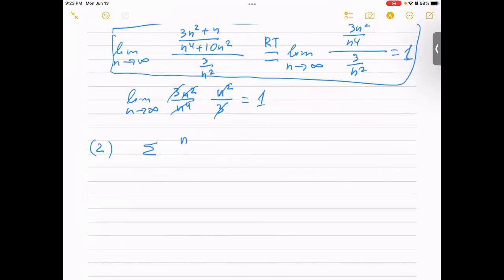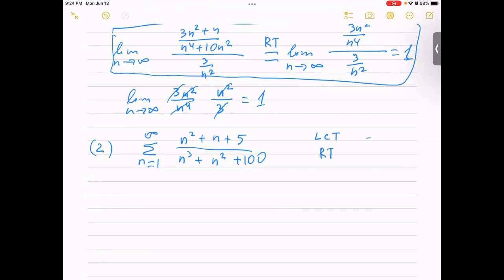Next example: the sum of n squared plus n plus 5 divided by n cubed plus n squared plus 100, from 1 to infinity. I'll do LCT by using the rule of thumb.